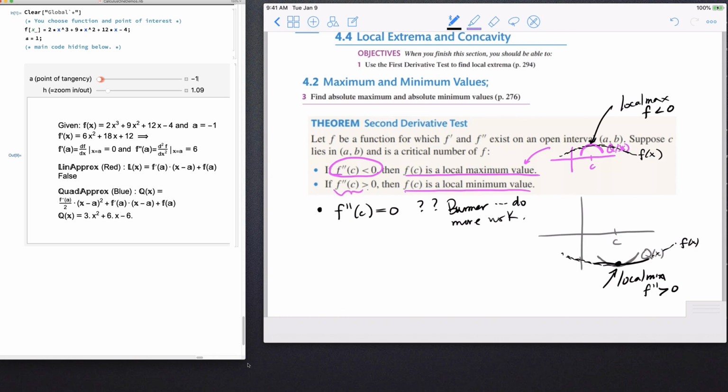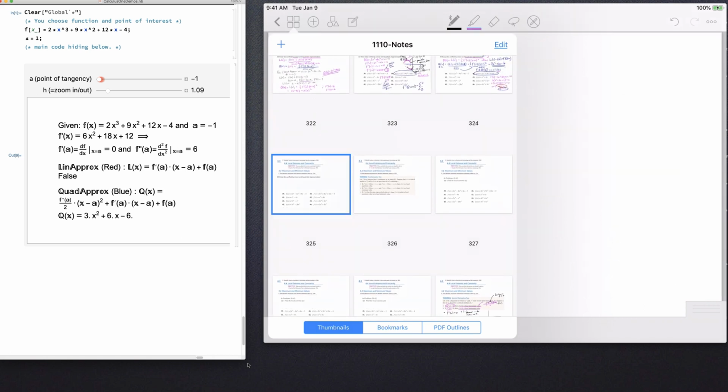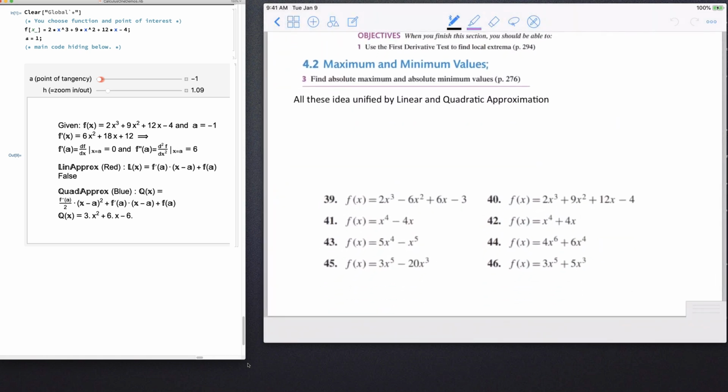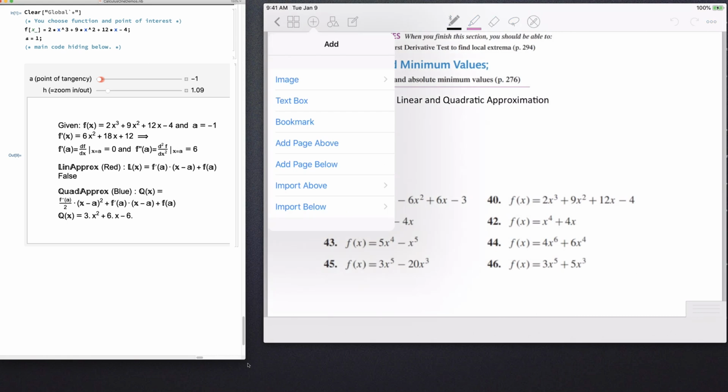So let's take a look. Let's add a page below.